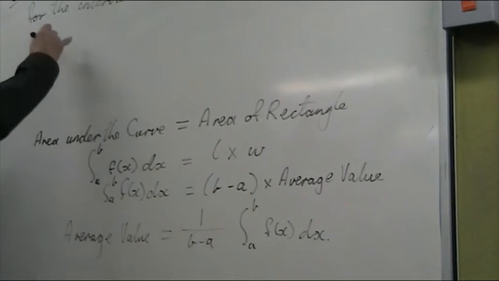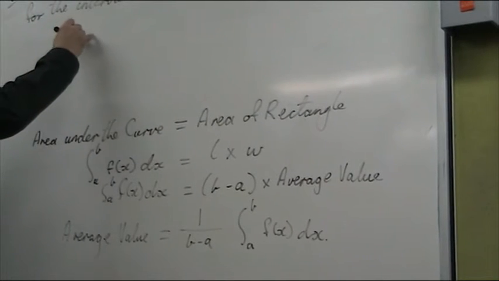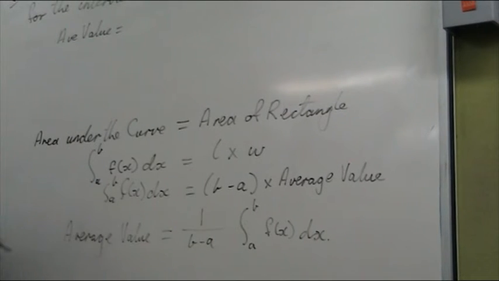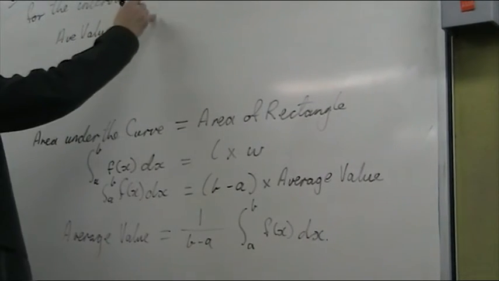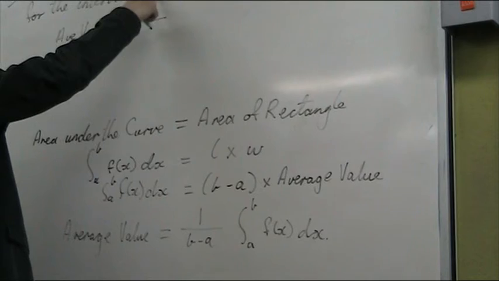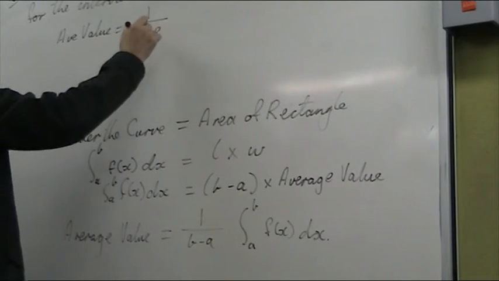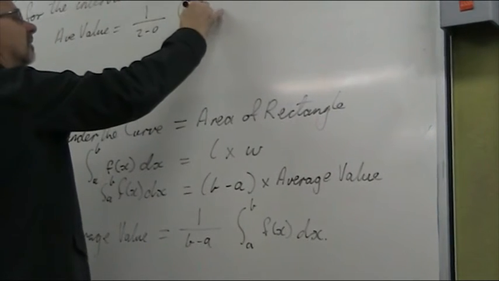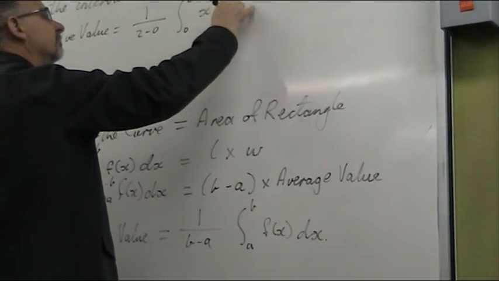So our average value says it's 1 on b minus a, so 2 minus 0 in this case, times the integral from 0 to 2 of x squared dx.